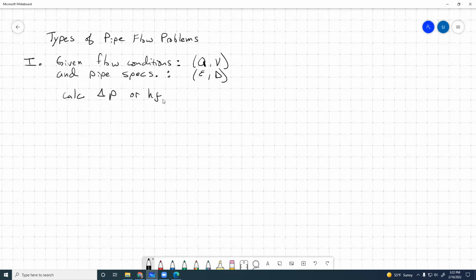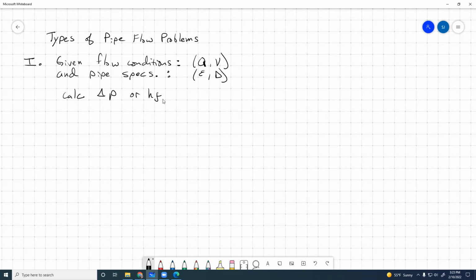The reason these two are related is that as we lose energy in a system, it manifests as a change in pressure, a reduction in pressure. We'll be measuring that, for example, in that lab device, the pipe bend device that we'll use later.